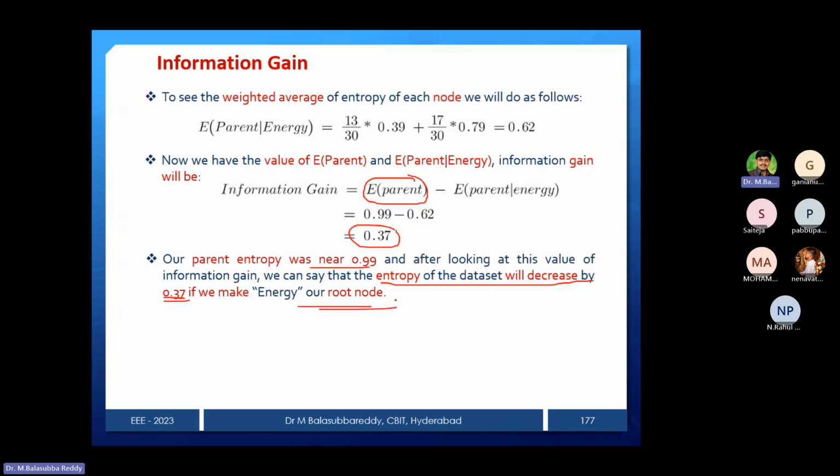If we consider energy as the root node, because more features are there, it may not be only one. Energy is one root node, and I calculated the information gain as 0.37. Similarly, we have to consider motivation also and calculate its information gain.